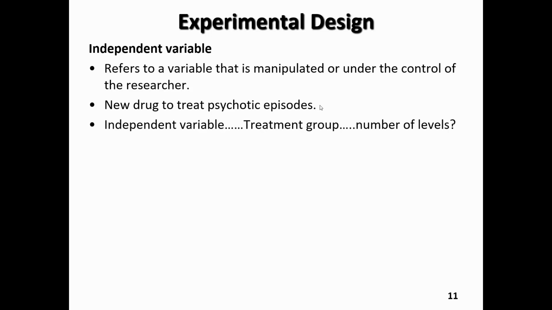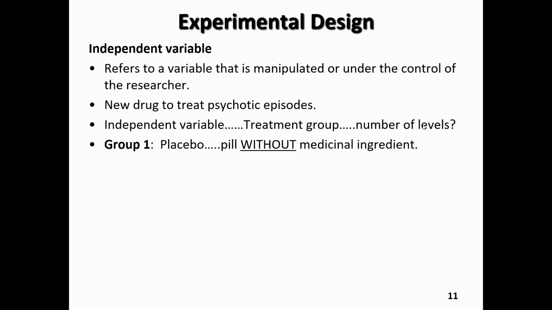As an example, if we are examining a new drug to treat psychotic episodes, the independent variable in a study like this would be the treatment group. And inside our independent variable, our treatment group, we would define a number of what are called levels. So in this hypothetical scenario, in this study to examine the new drug, we would have one group of individuals that would be assigned to what's called a placebo group.